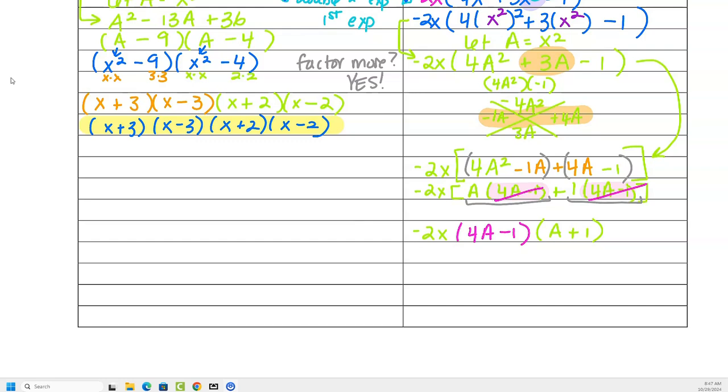So now I'm going to put back in what a is. So 4, and then up above you can see a is the x squared, minus 1, and then here the a is the x squared plus 1. We do have to ask, can we factor again or factor more?